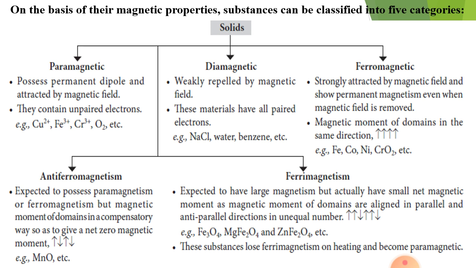That means if two arrows are shown on the upper side and one arrow on the lower side, one cancels one but one is left. That's why they show some magnetic moment but less than ferromagnetic substances. The common example is Fe3O4, known as magnetite, MgFe2O4 and ZnFe2O4. These are commonly known as ferrites.